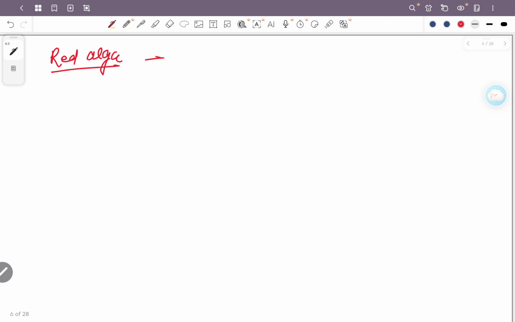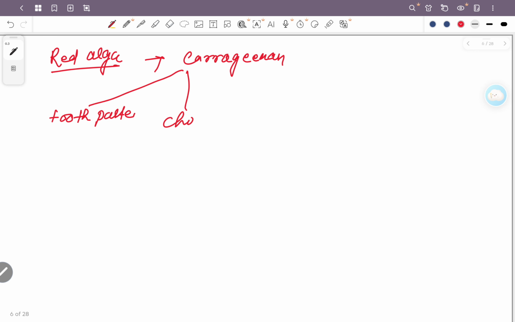The red algae produce carrageen, okay, and carrageen is used in toothpaste, in the preparation of chocolates, then dairy products, and pharmaceuticals.